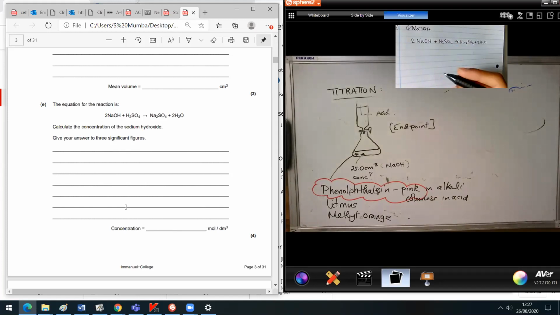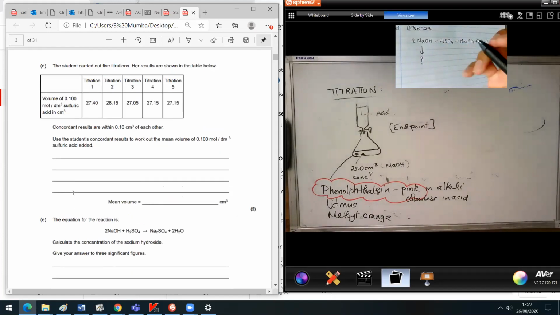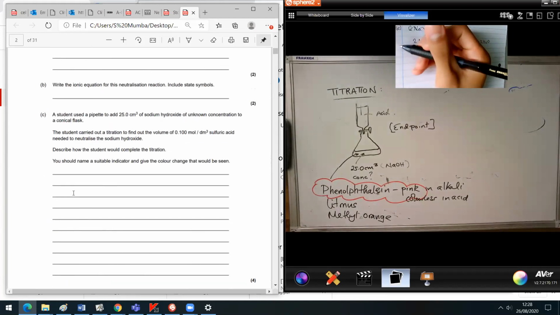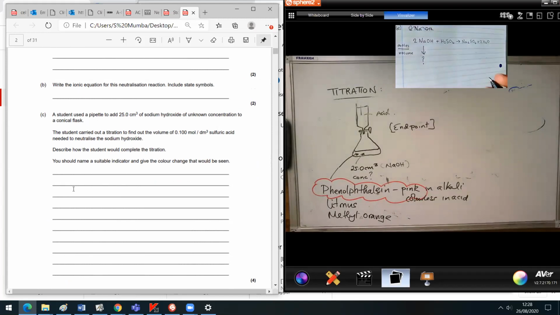Fantastic. Great. Calculate the concentration of sodium hydroxide. So the sodium hydroxide is this. To work out the concentration, the equation is concentration equals moles divided by volume.